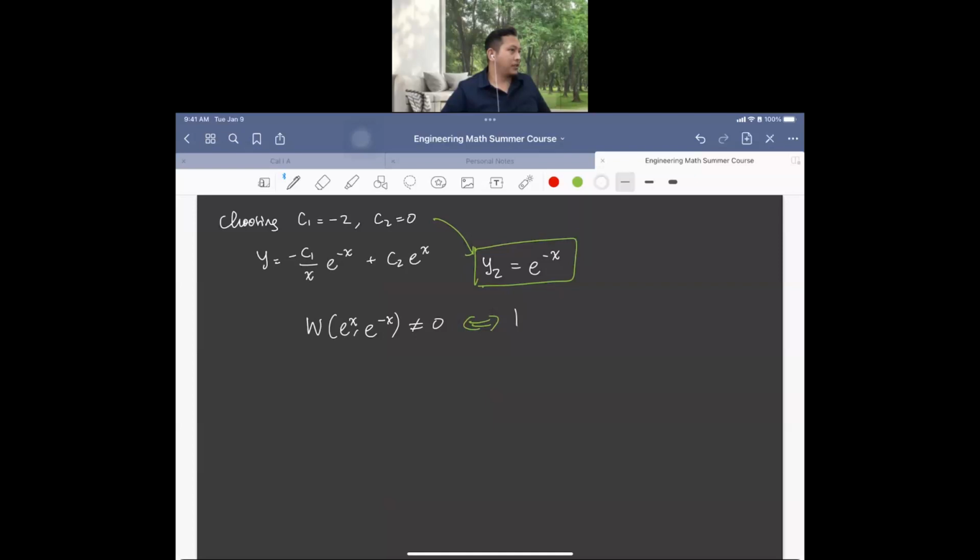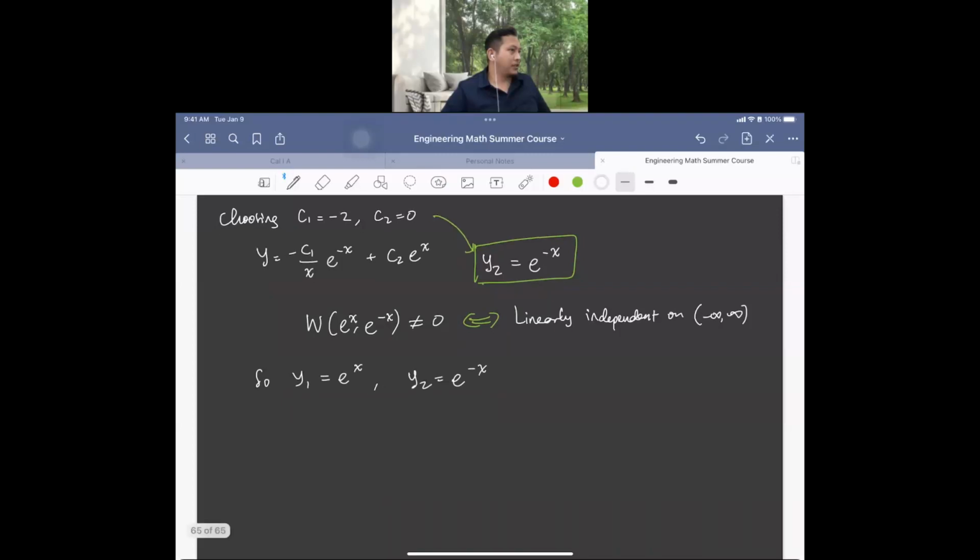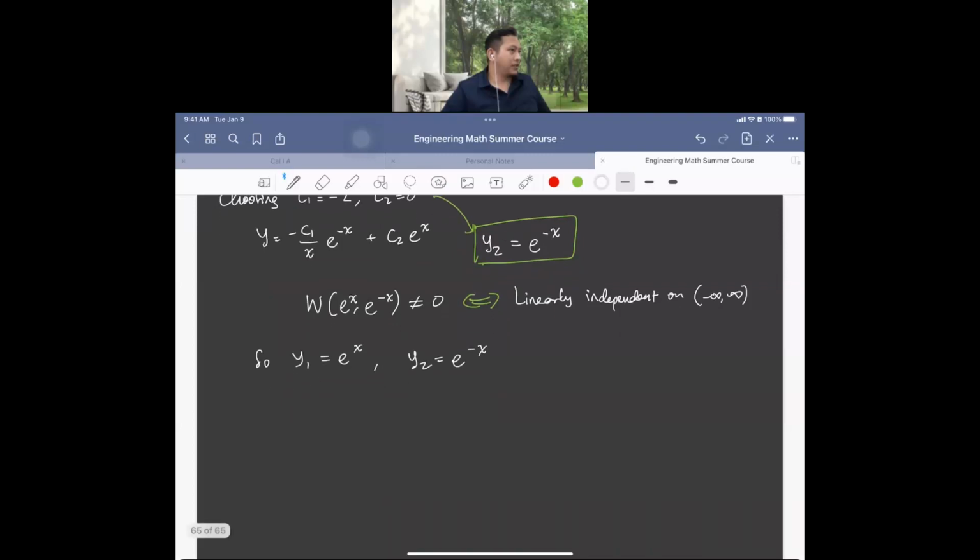So the conclusion here is that this second solution is true, that is our desired solution, that is linearly independent. So y1 is e^x, y2 is e^(-x).